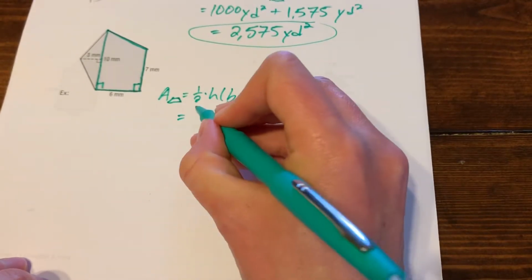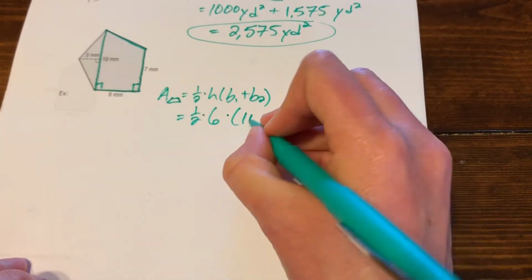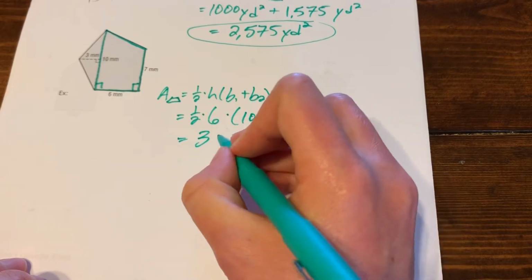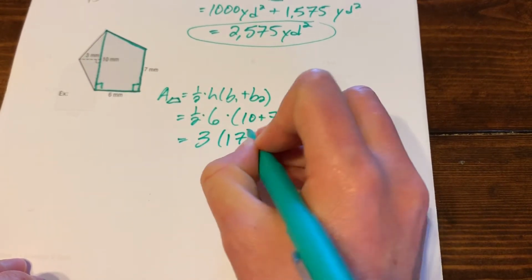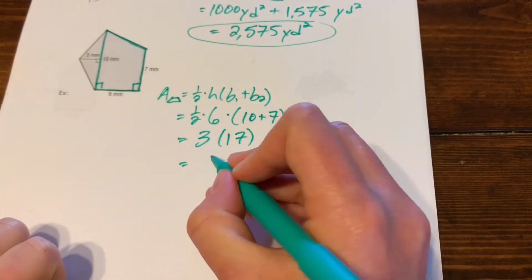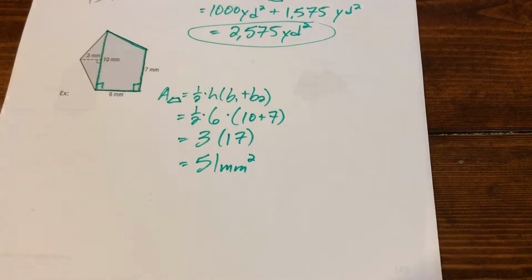So this is going to be 1/2 times 6 times the sum of 10 and 7. Half of 6 is 3. 10 plus 7 is 17. 3 times 17, 30 plus 21 is 51 square millimeters.